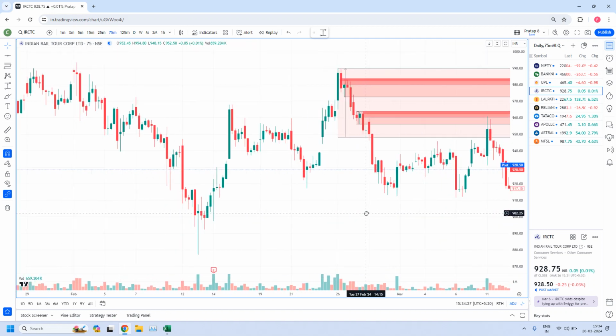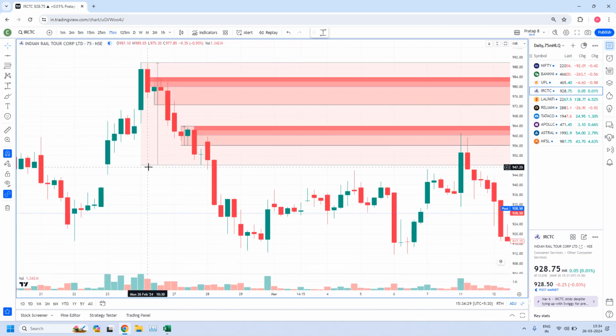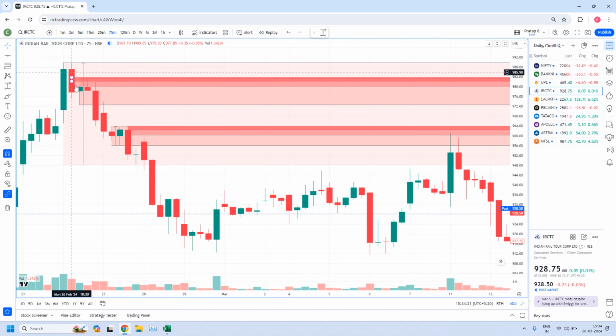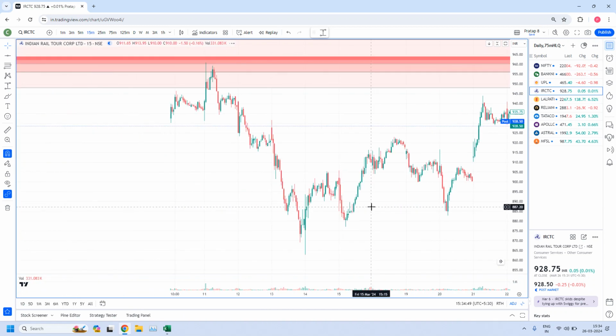In the 75 minutes time frame we identified two 75 minute zones. This is a drop, two base candles and a drop. This is a 75 minute zone, and another 75 minute zone is we have a drop, two base candles and drop. We have two 75 minutes. So both these 75 minutes we need to fine tune at 15 minutes time frame.